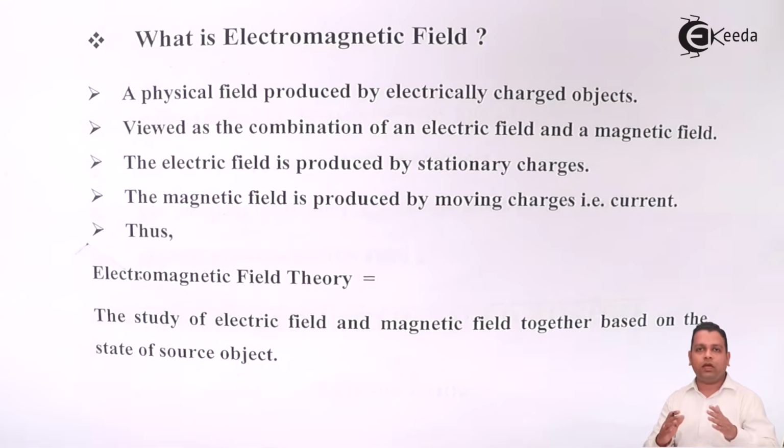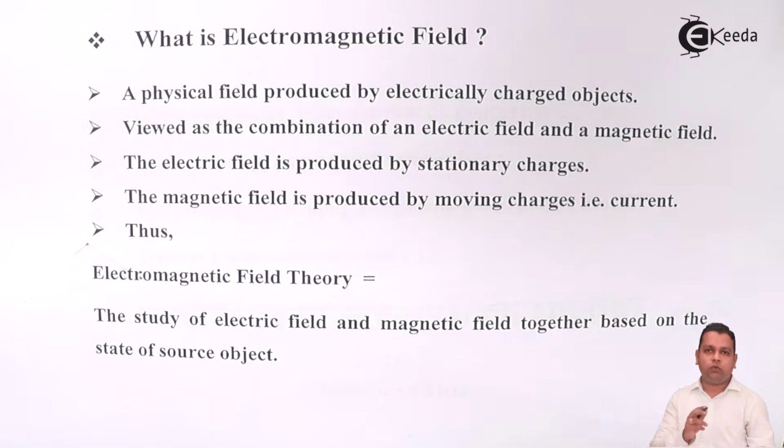The term can be split into two fields, electric field and magnetic field. Electric field is produced because of static charges, whereas the magnetic field is produced because of the charges moving, what we exactly call current.